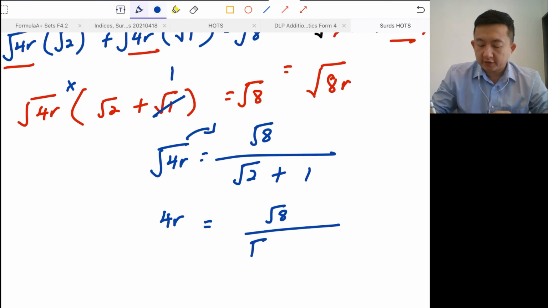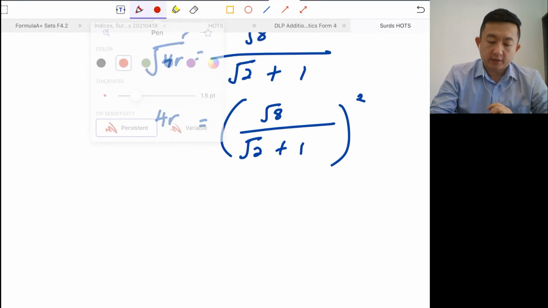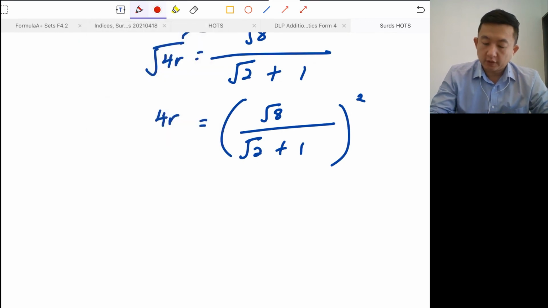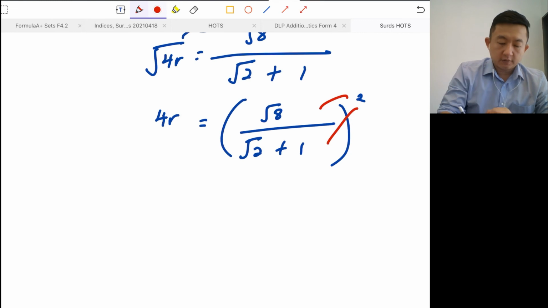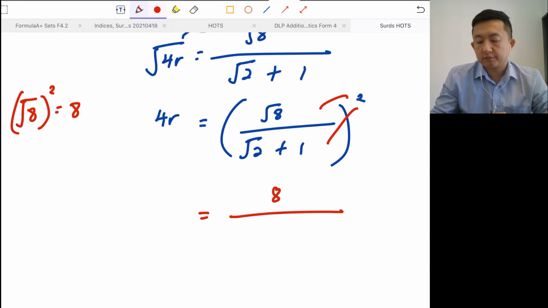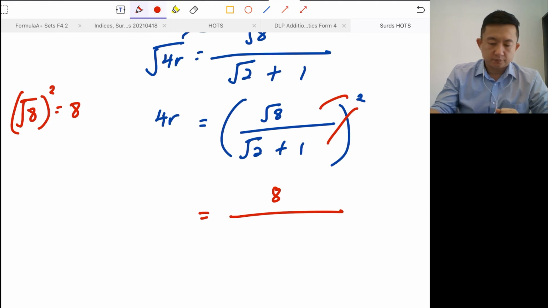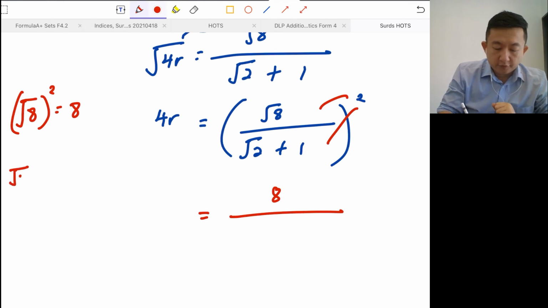So when we move this to the other side, you know that it's squared. Okay, this is the part some of you might get confused. So let's look at these parts. Square root 8, and then you have squared, and you have 8. And then below, you have square root 2 plus 1, and then squared.